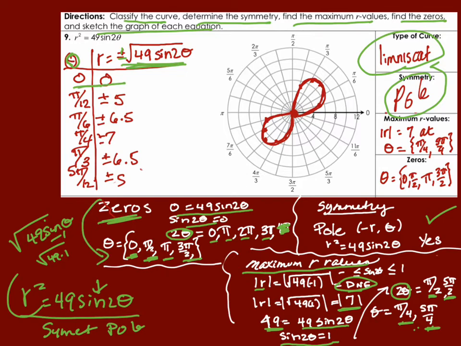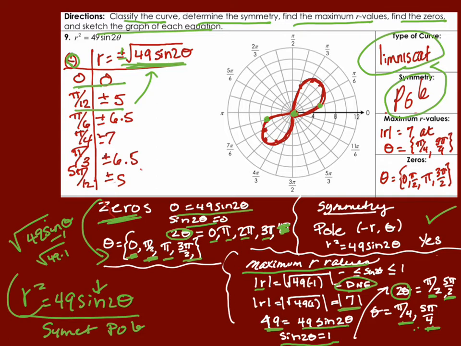And remember, we know this is a lemniscate, so it's going to have petals. We want to use the twelfths probably. So I used pi over 12, and sticking that into this equation, I got plus or minus 5. So first 0, 0, I'm going to graph in green, and then at pi over 12, it's plus or minus 5. So there's the plus 5 at pi over 12, and then going backwards, there's the minus.